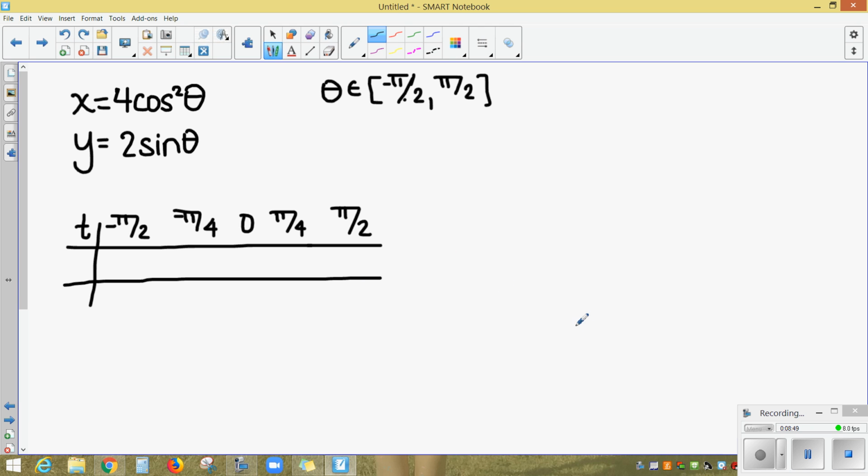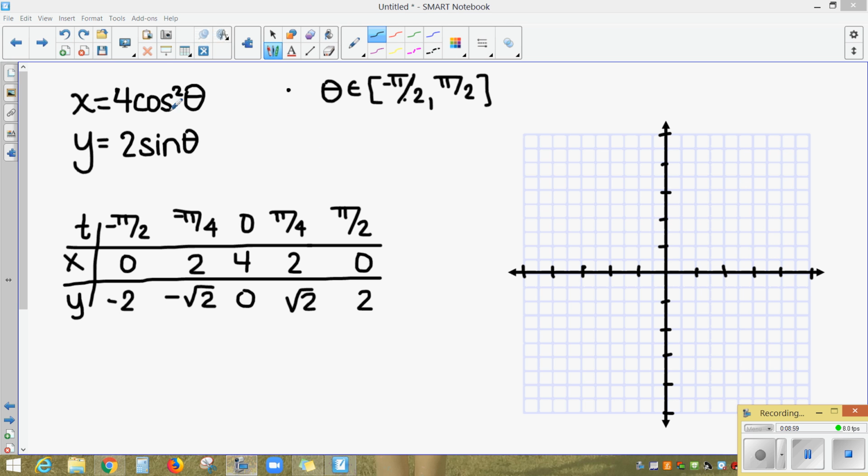So pause the video, find your x's and y's, plot them. Because we're squaring the cosine, and don't forget to take it times the 4, all of the x-coordinates are going to be positive. When we're in the fourth quadrant, our sine function is going to be negative, and in the first quadrant, it's going to be positive. Go ahead and go back and plot the points now if you haven't already. If you need to correct something, pause again, get things fixed, and then draw your graph.